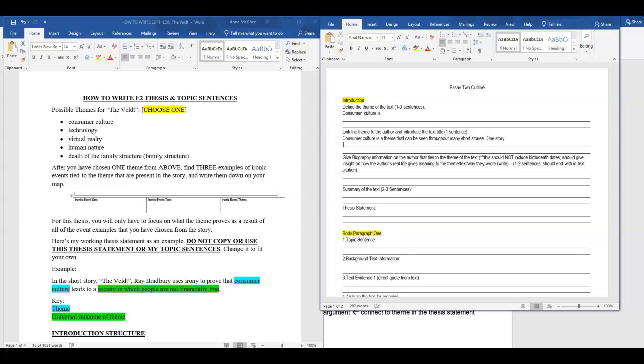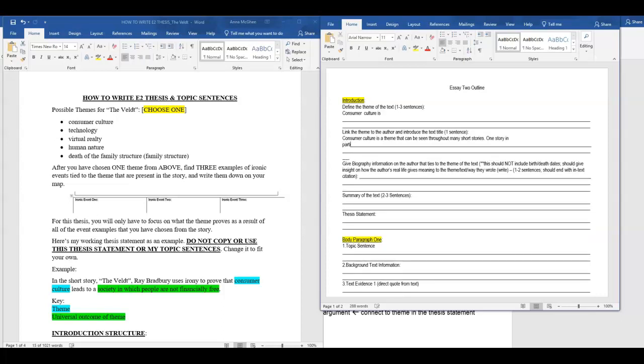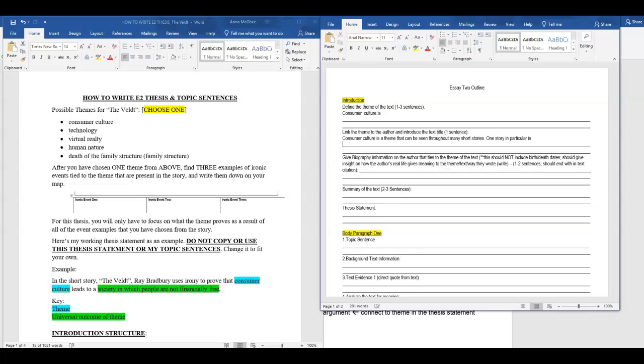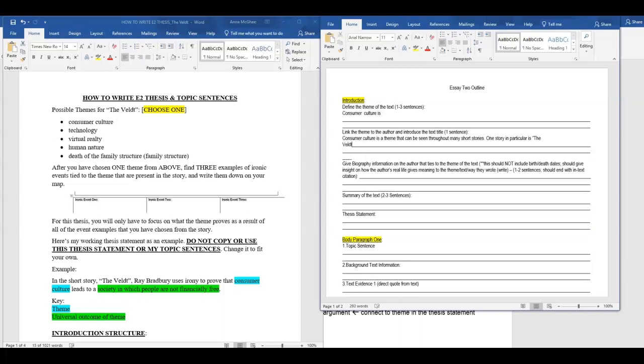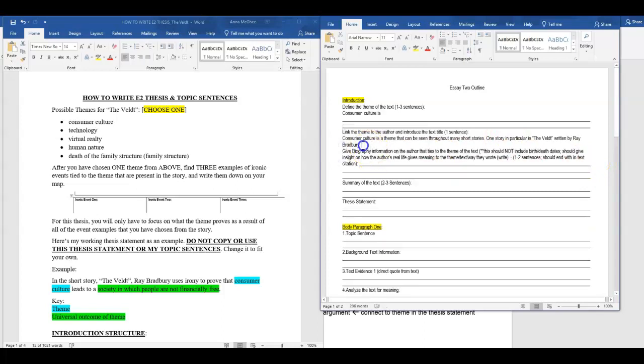One story in particular is The Veldt, written by Ray Bradbury. Okay, so everybody should have that exact same sentence for number 2 in the introduction. So please copy that, and then insert whichever one. So if you use technology, you'll say technology is a theme, or virtual reality is a theme.